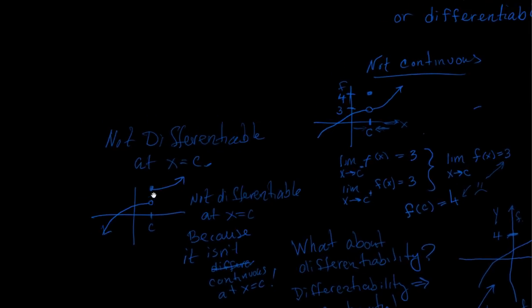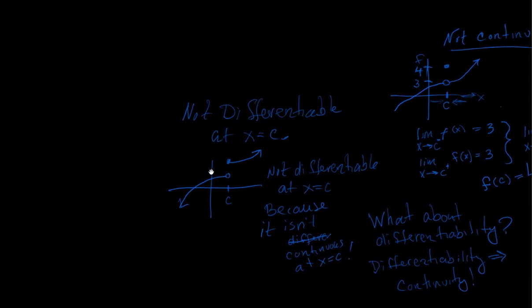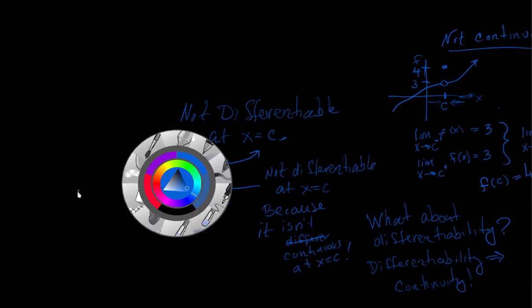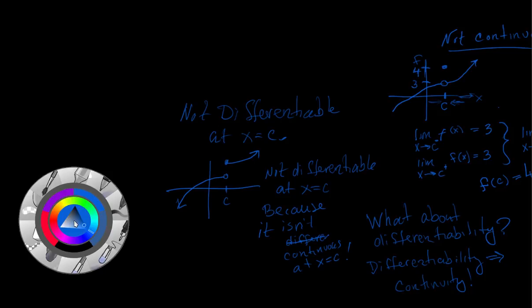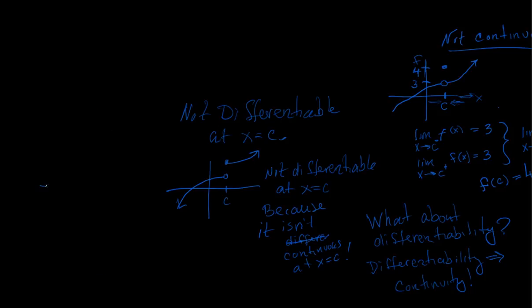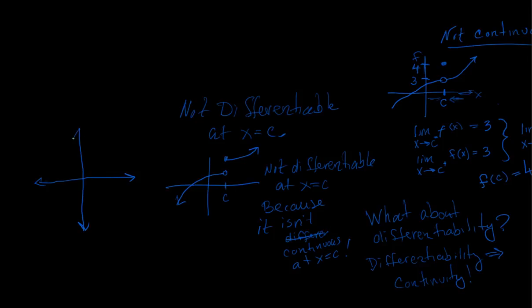Here are some examples of graphs that are continuous but not differentiable. So here's a different function. This function will be continuous, but it won't be differentiable at x equals c.